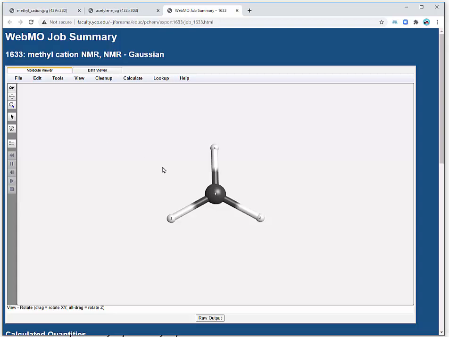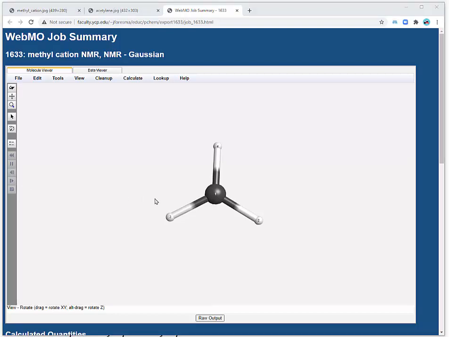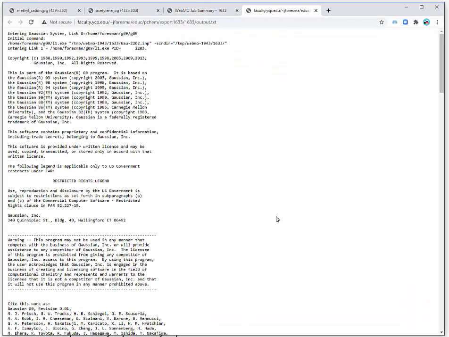If we look at how this molecule is laid out, we'll need to look at the raw output to see where the XYZ coordinates lie, because what we're going to do is we're going to analyze this chemical shift in terms of the different directions that the magnetic field being applied can affect changes in the electronic structure.